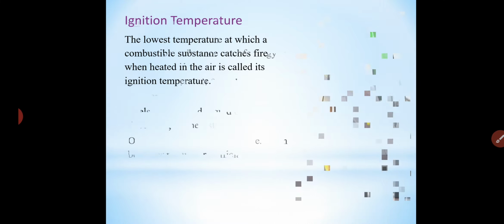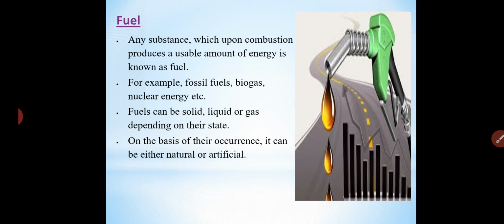Naturally, we get fossil fuels, so they are natural fuels. But if we put fossil fuels through many processes, then we get some other substances. They are artificial fuels. Wax is a good example of an artificial fuel, right?